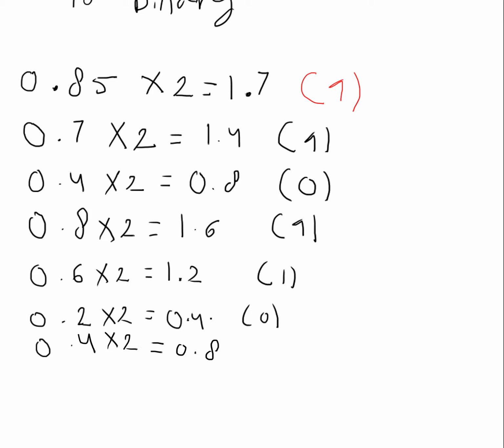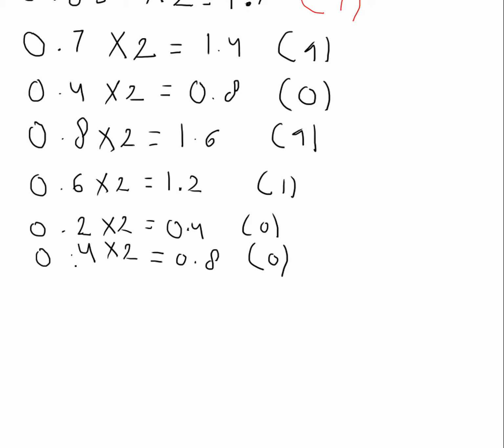Okay, so you're eventually going to get to a step where it's going to start repeating itself. When you get to the stage of it starting to repeat itself, you're going to conclude it. So I'm just going to go ahead and do one more iteration. 0.8 times 2 is equal to 1.6.